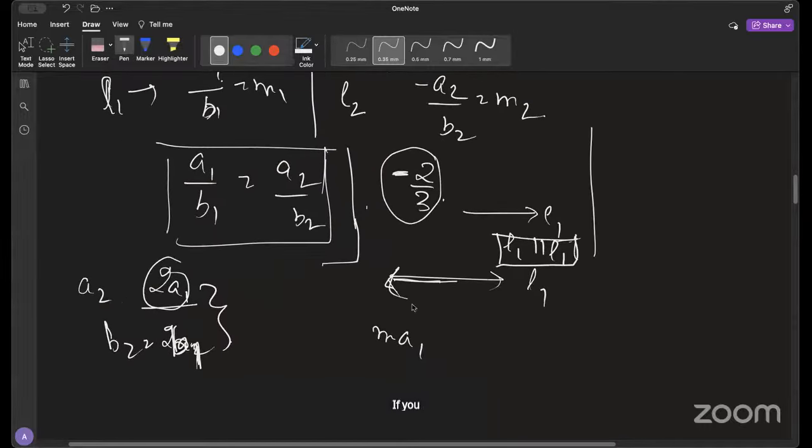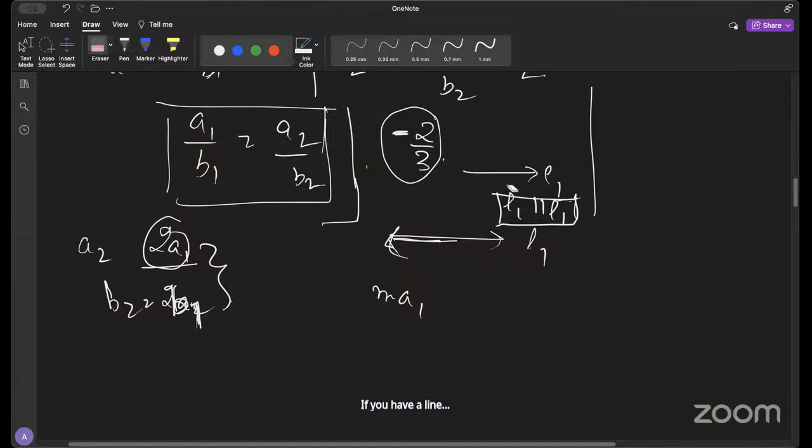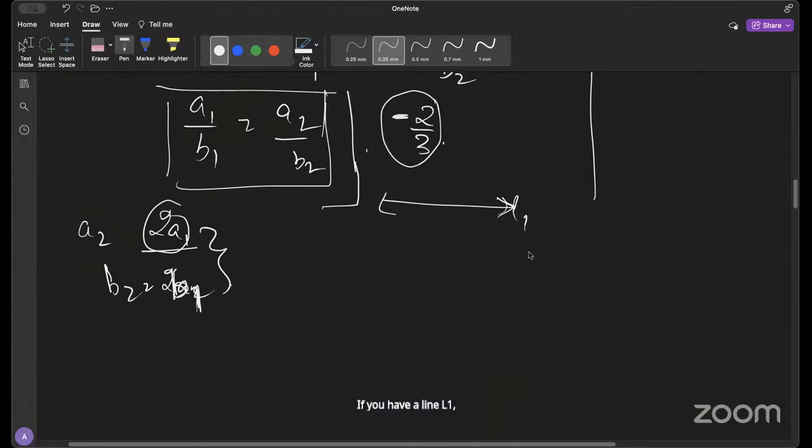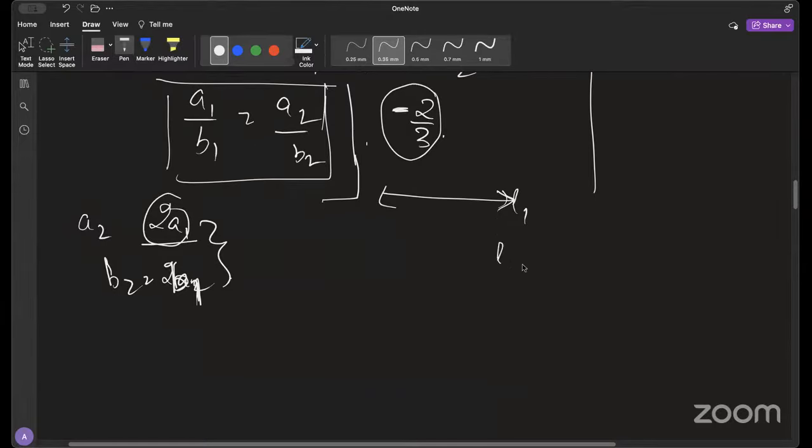If you have a line L1, every line is considered to be parallel to itself. So if you have L1, it's parallel to itself already. This is the symbol for parallel.